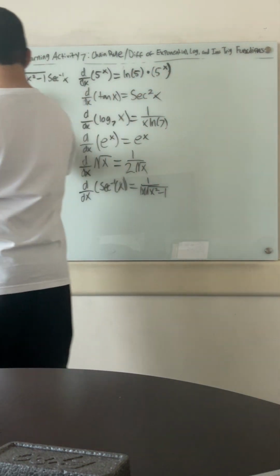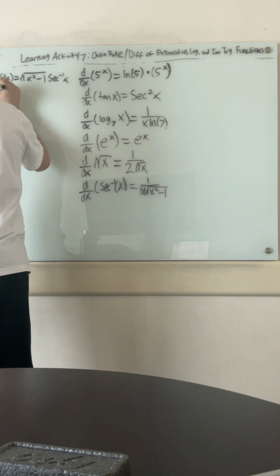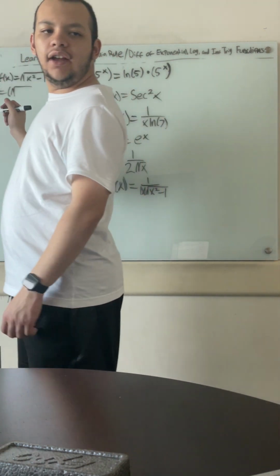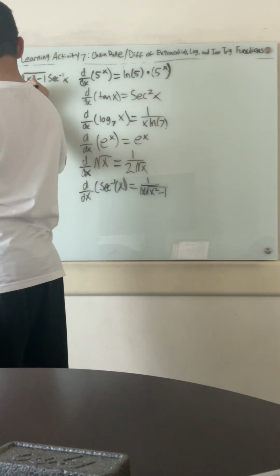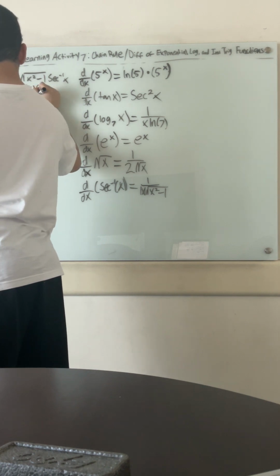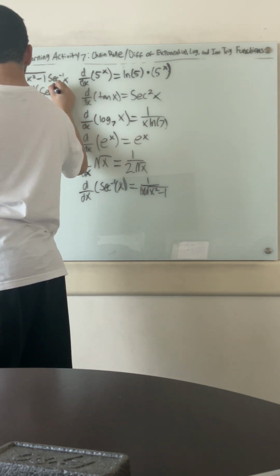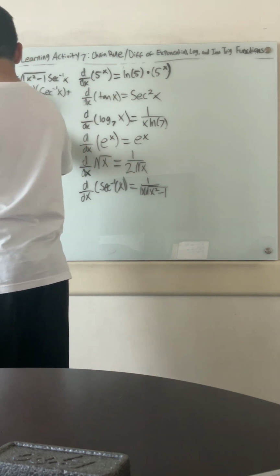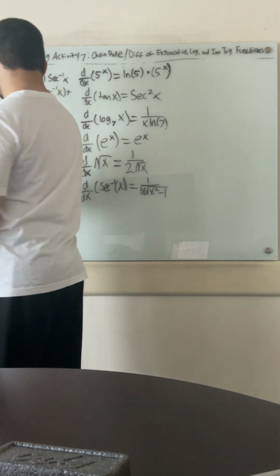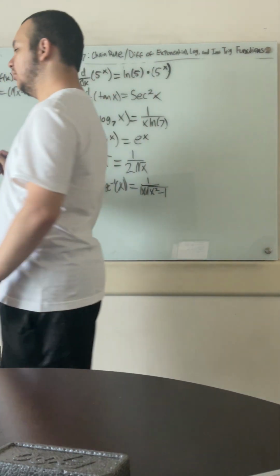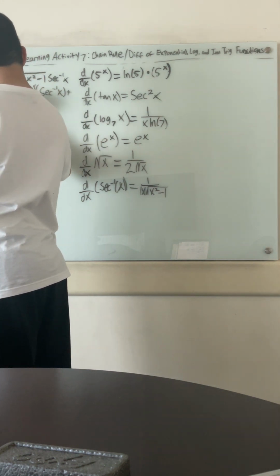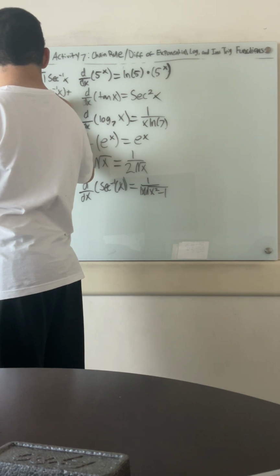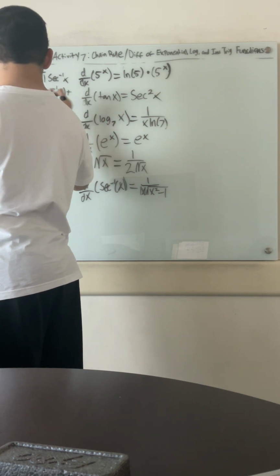So what we got here is f prime of x is equal to the derivative of the square root of x squared minus 1 times arcsecant of x plus the square root of x squared minus 1 times the derivative of arcsecant of x.